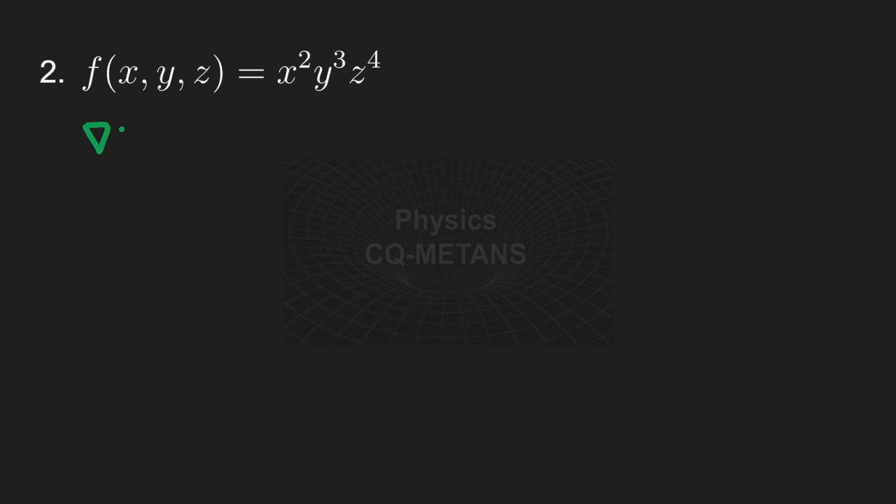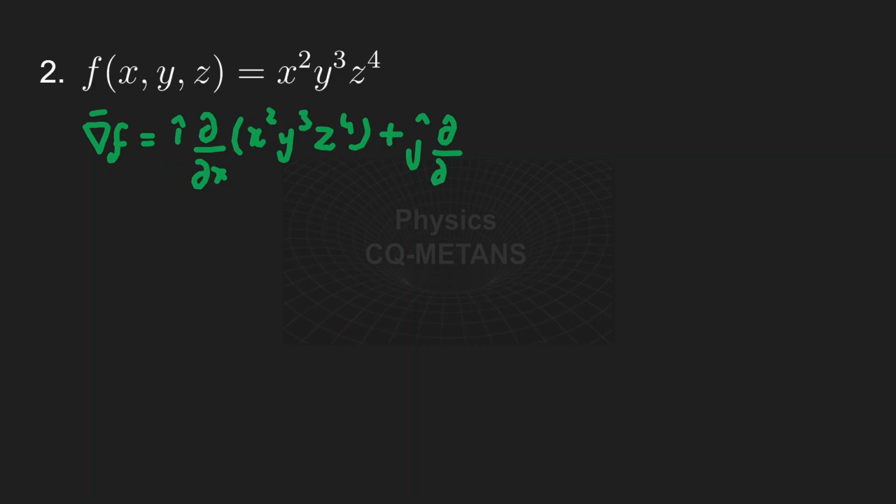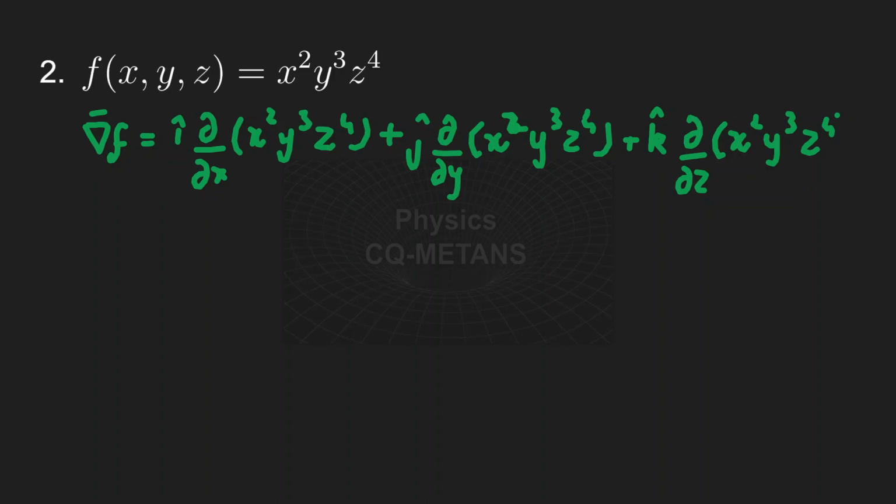Again we need to find the gradient of this function f of xyz, I am not writing it out, but it is i cap del by del x of x square y cube z raised to 4, plus j cap del by del y of x square y cube z raised to 4, plus k cap del by del z of x square y cube z raised to 4.